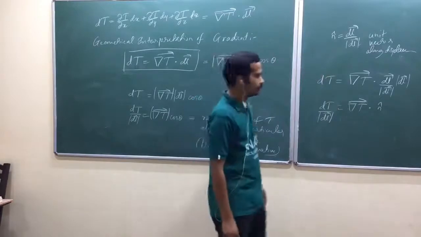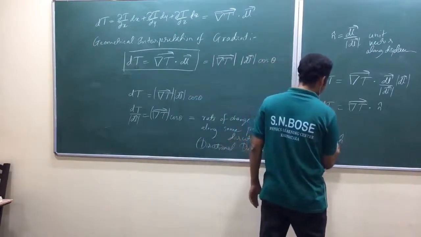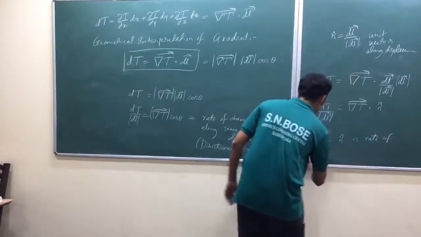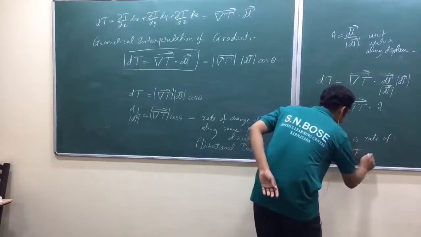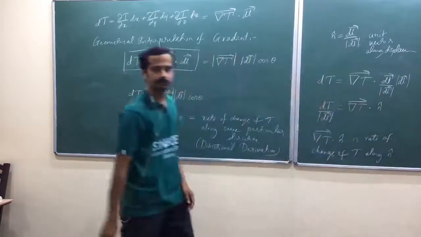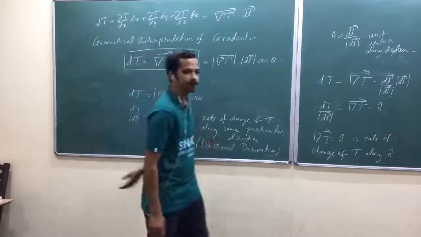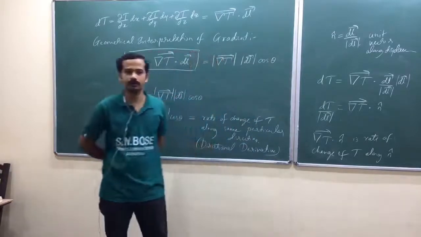So that's why. So what is this one? Del t dot n cap is rate of change of t along n cap. That's why we call it as directional derivative.